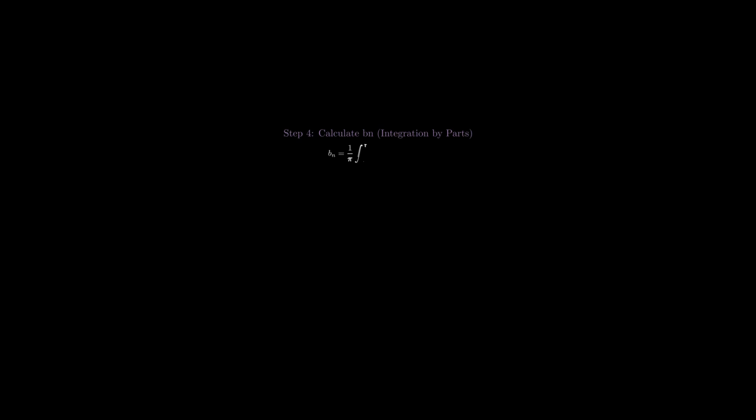Now we calculate bn. Again we split into two integrals, where K1 is the integral of t squared sine nt, and K2 is the integral of t sine nt. We apply integration by parts with LIATE to both.